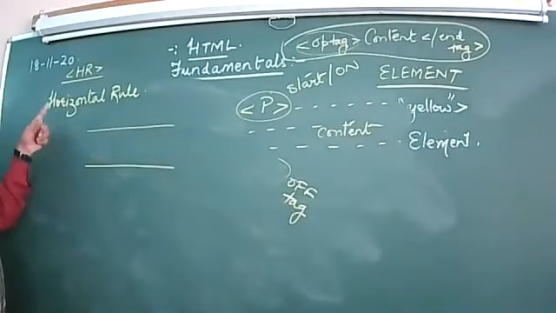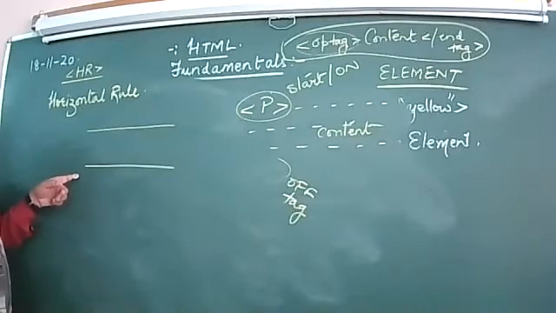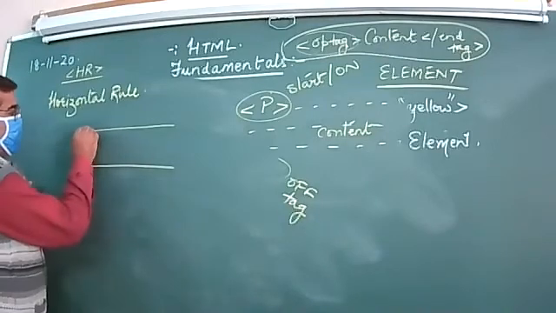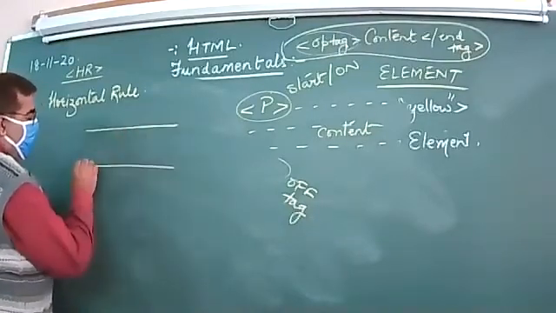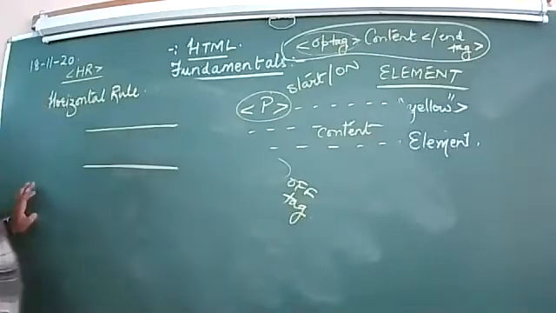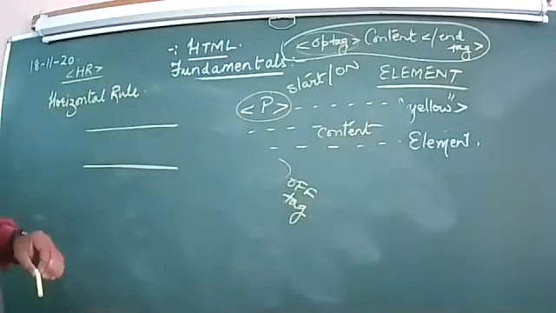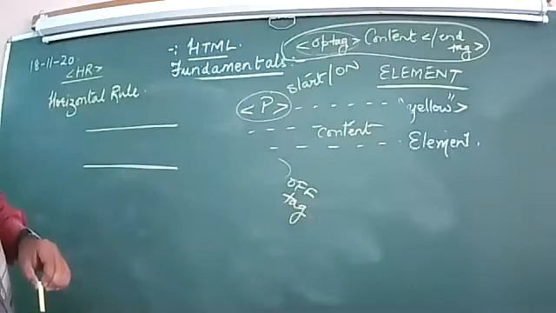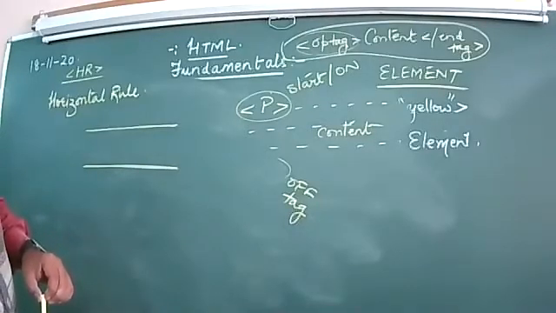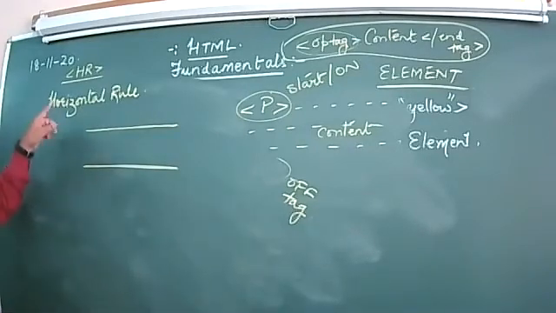It divides your web page into different sections by drawing a horizontal line across the full width of the screen. Clear? A tag that is used to divide your web page across the full width of the screen. That is called HR. It is an empty tag.